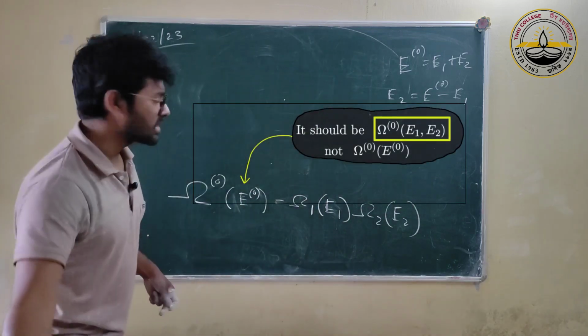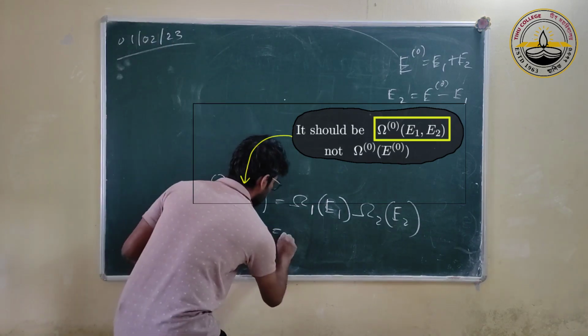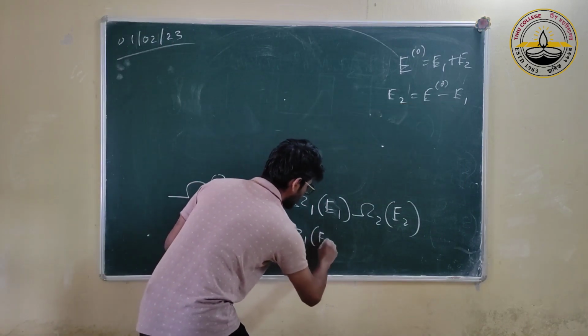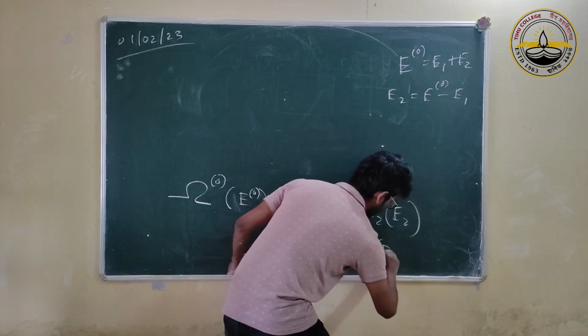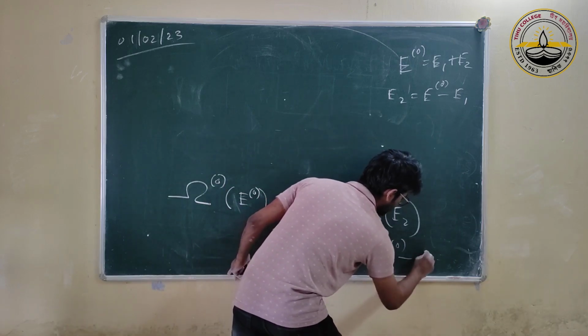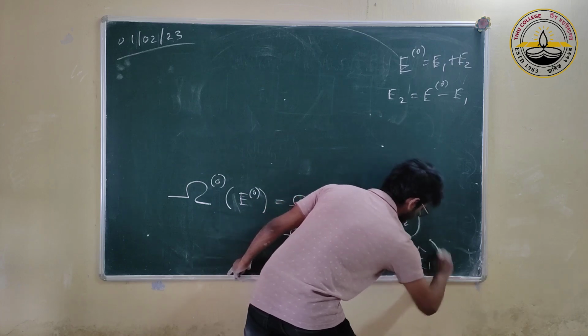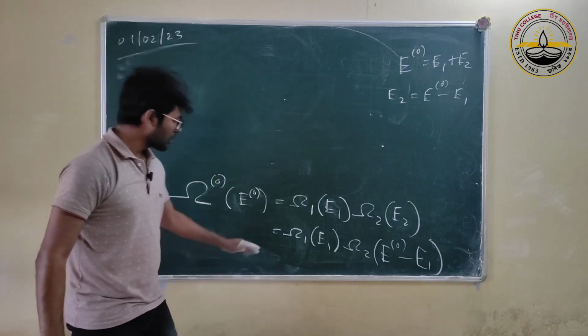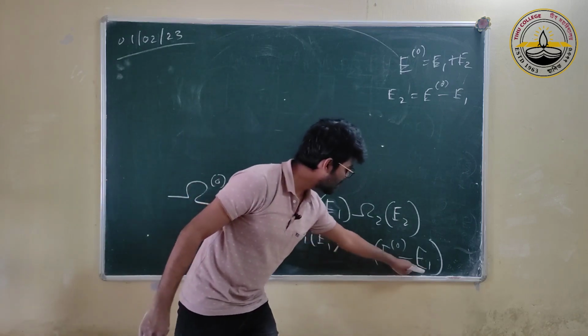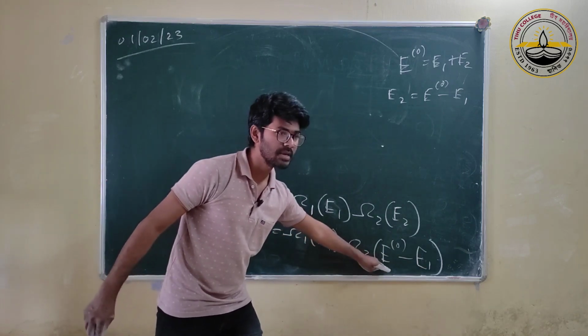Now let's exploit this formula. That means I can write this thing as E0 minus E1. Which means on this side you see only E1 and E0 are there.